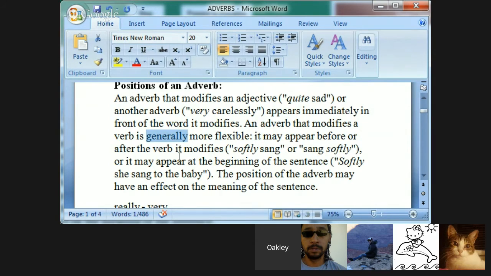Sometimes it is hugely flexible and it may go in three or four different positions in the sentence. Usually it's more flexible. It may appear before or after the verb it modifies. Softly sang or sang softly.